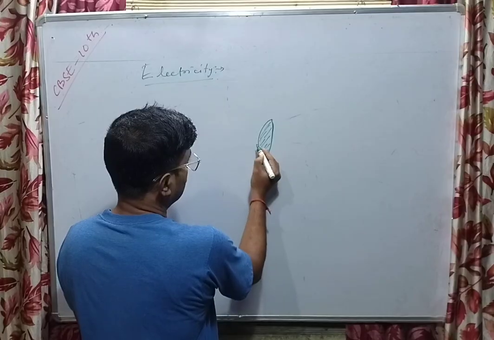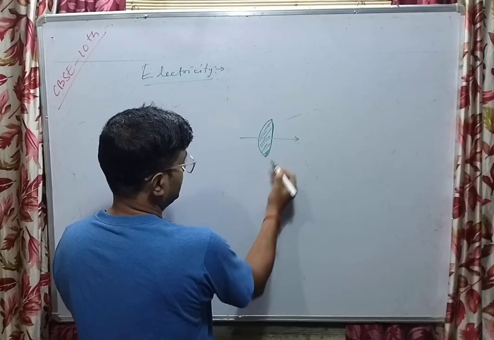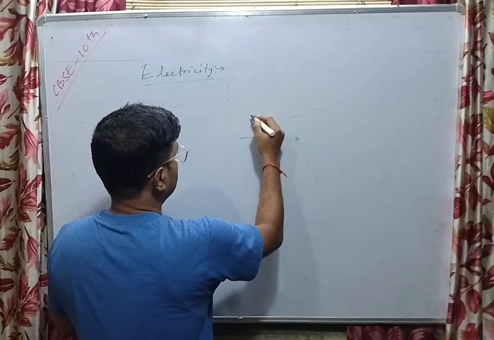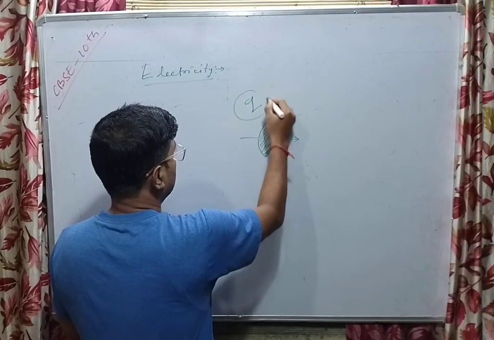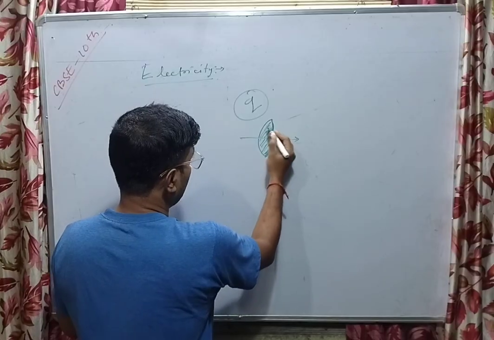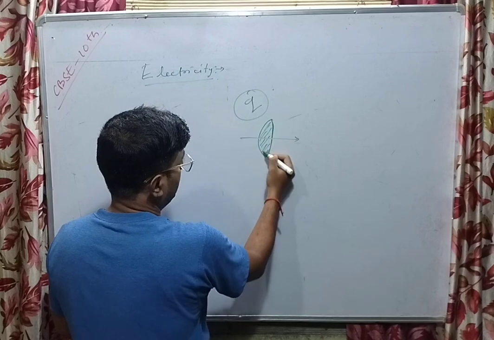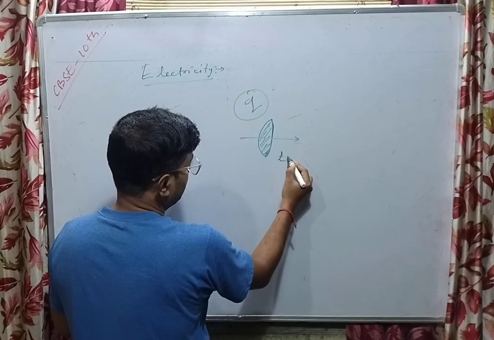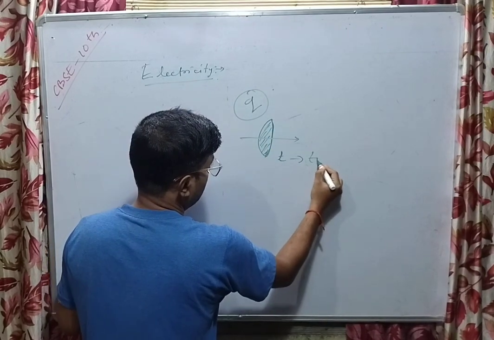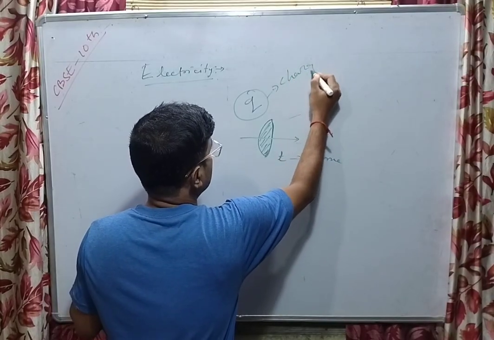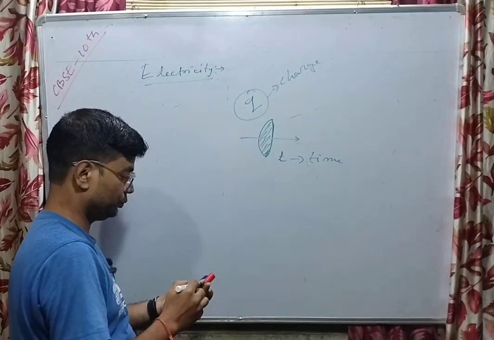Suppose this is the cross-sectional area of a conducting wire, and an amount of charge Q is passed through the conductor, or the area, taking time t.